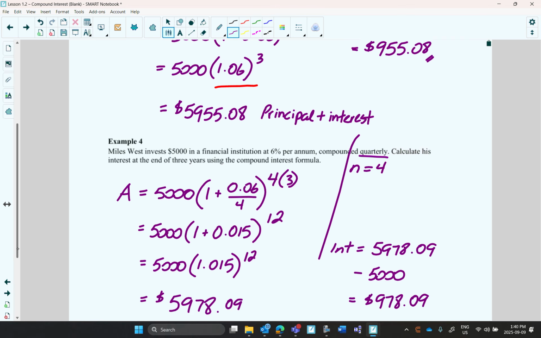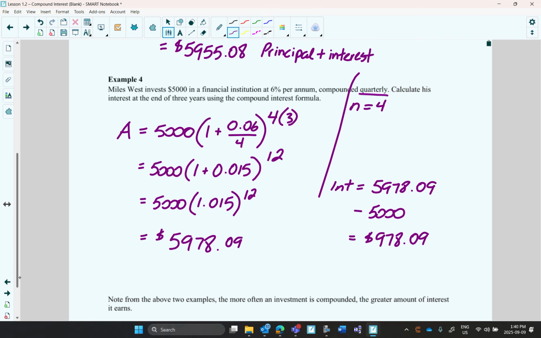Finally, a common question we get: how long do you think it would take to double your money? Yeah, so like if I invested 5,000 for 3 years at this, I got almost 6,000 after 3 years. How many years do you think I'd have to invest so my total amount would work out to somewhere around 10,000?